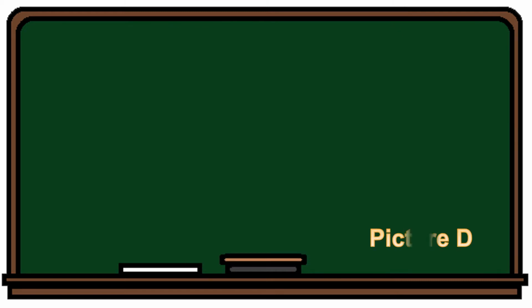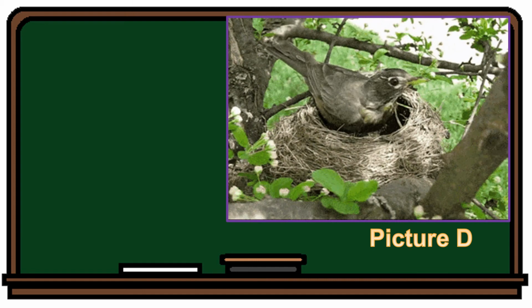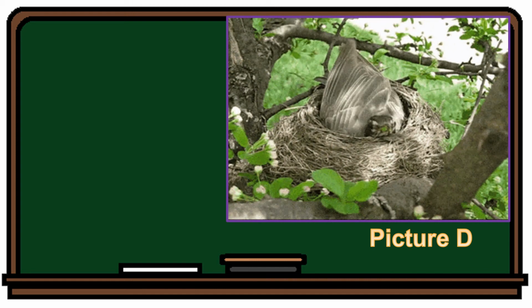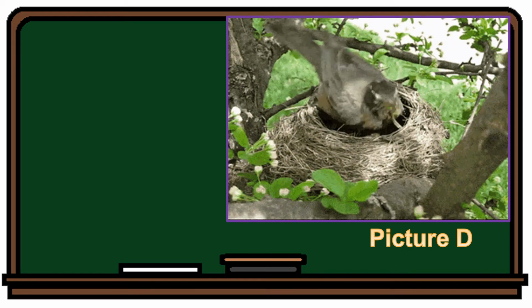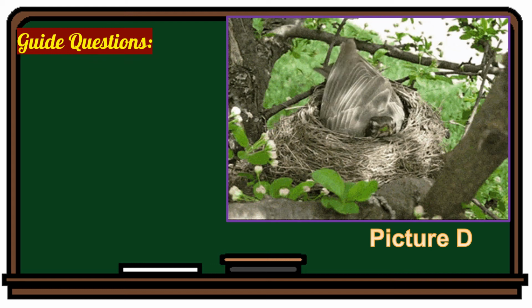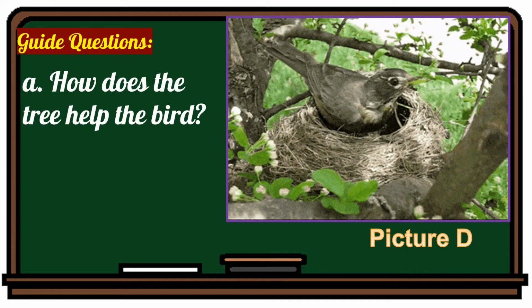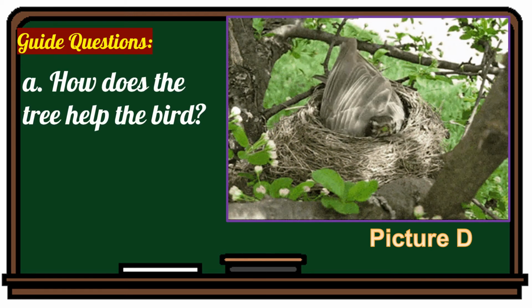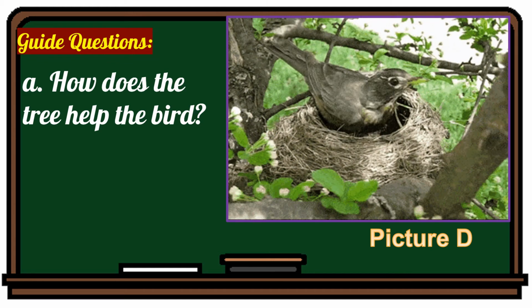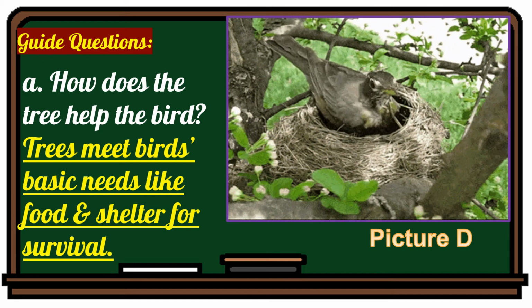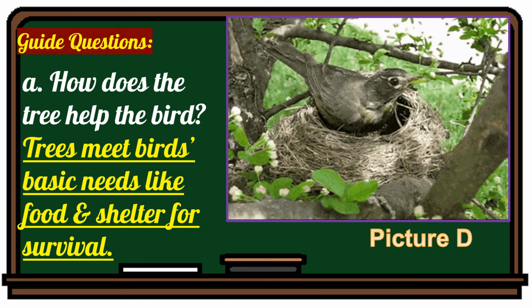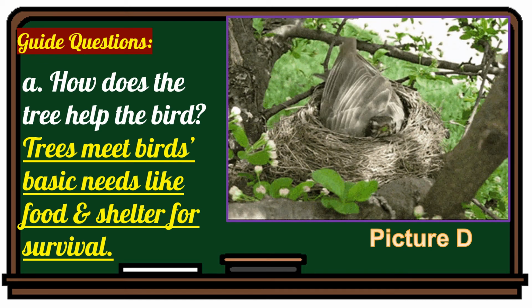Let's move on to picture D. In picture D, you will describe the interaction between the bird and a branch of a tree. Here are the guide questions. For letter A, how does the tree help the bird? Trees meet birds' basic needs like food and shelter for survival.